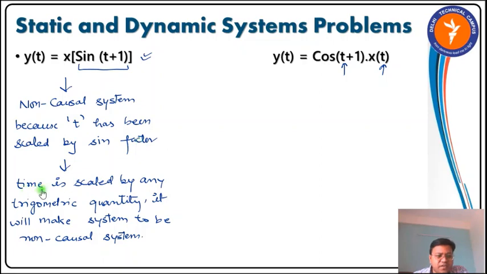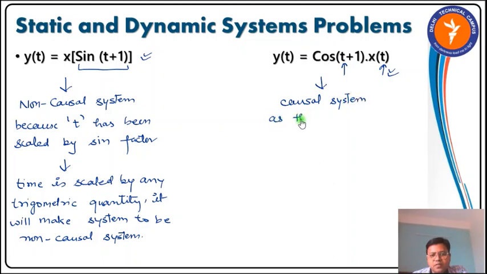And when we are discussing that the time is scaled, then we are discussing only the scaling of the input time. Over here, as there is no scaling, we will say the system is a causal system.